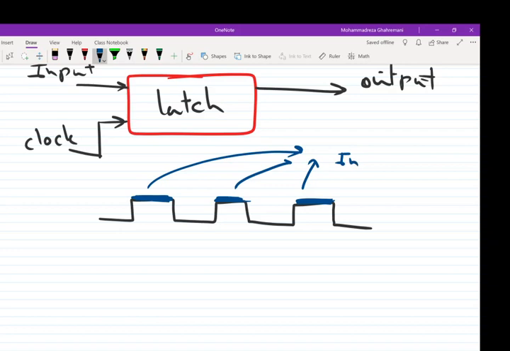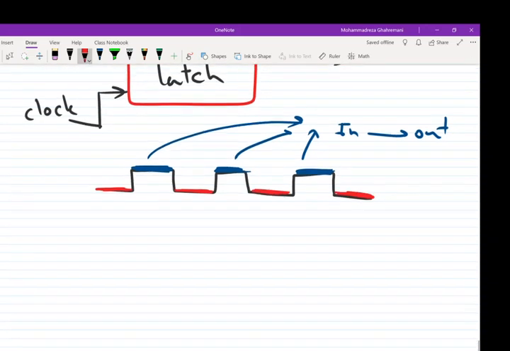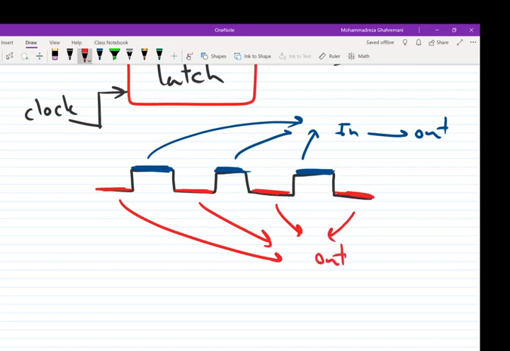But as long as the level of the signal is low, the output is constant.